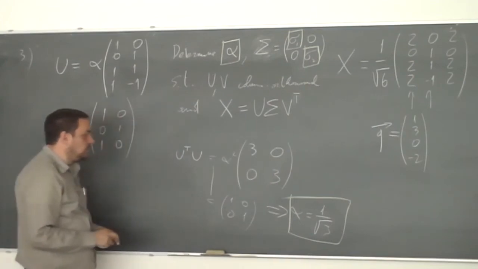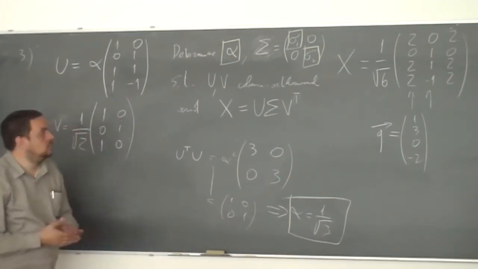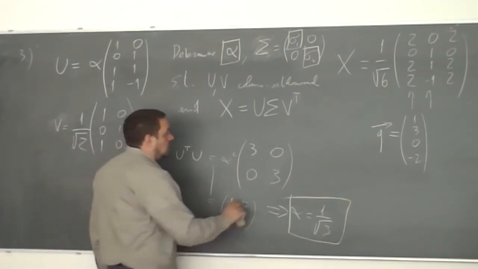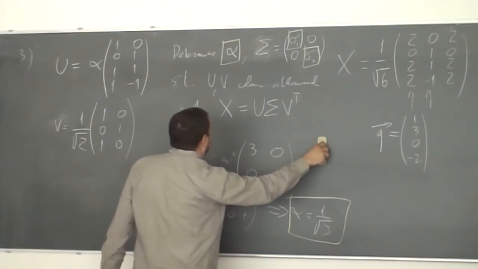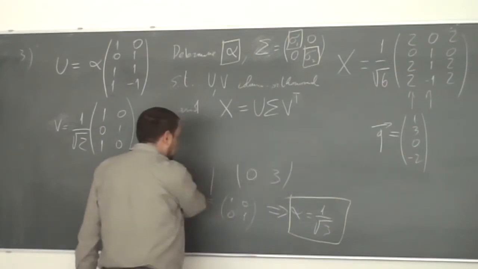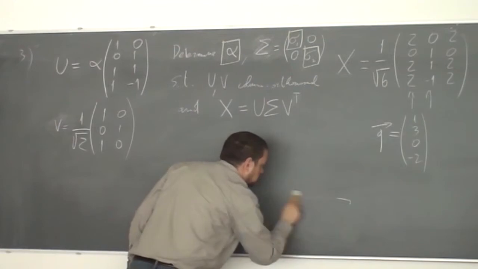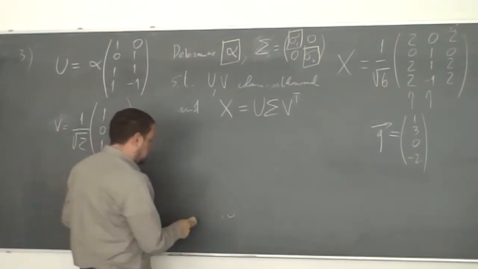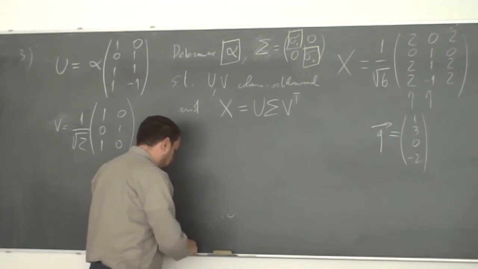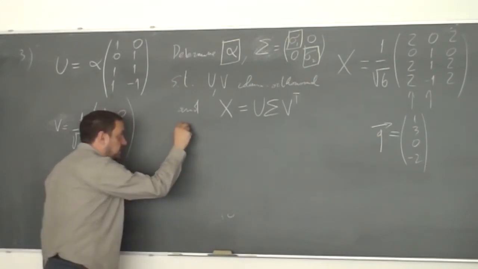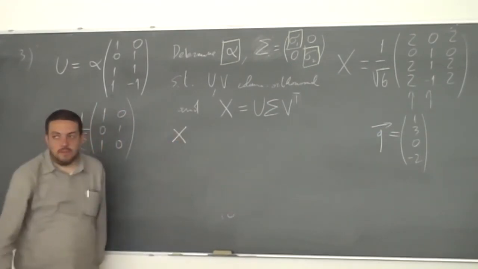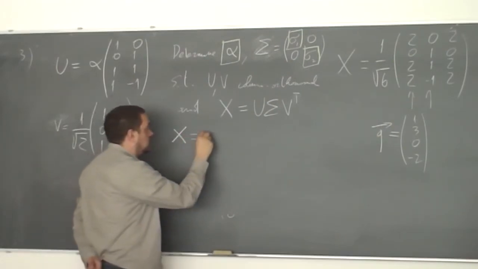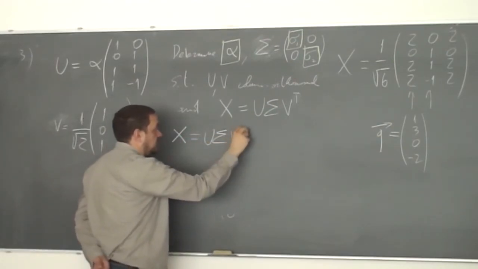So how do we compute sigma 1 and sigma 2? Well, we can just write down the equations. We want our original matrix X to be equal to U sigma B transpose.